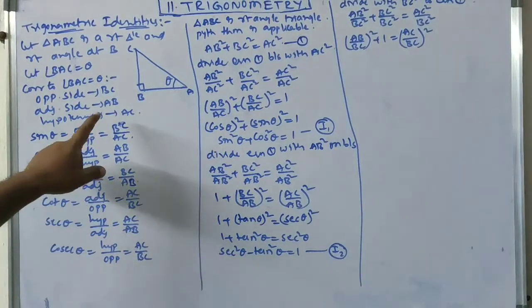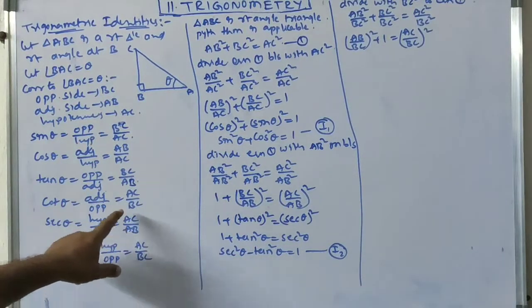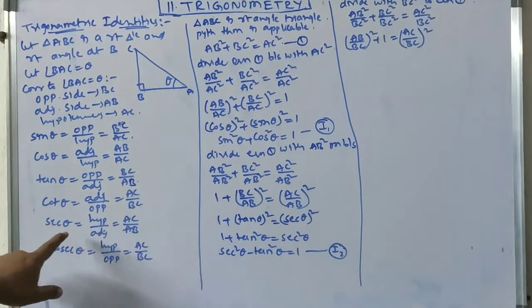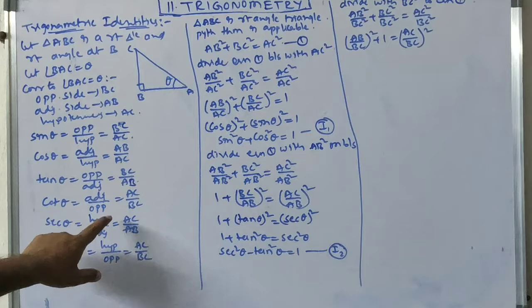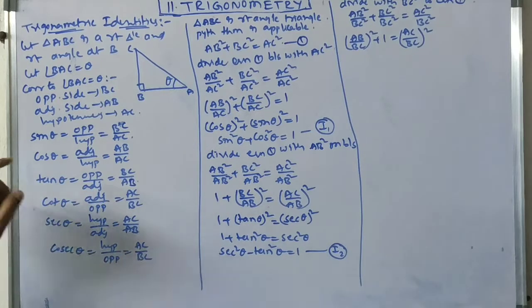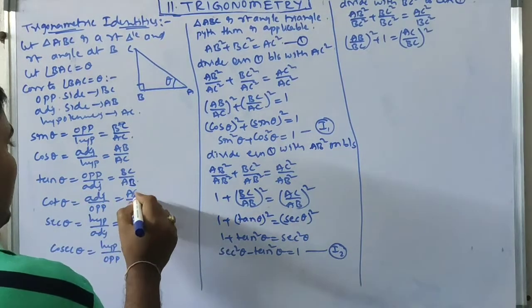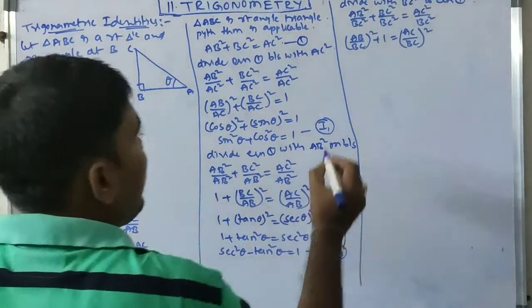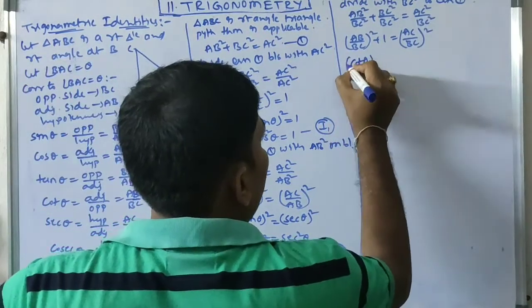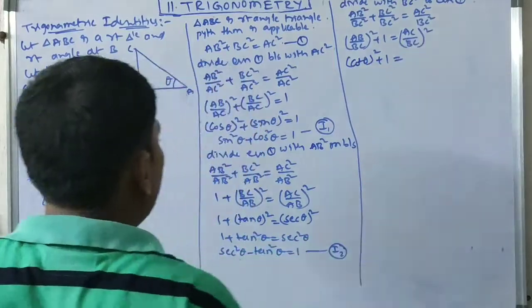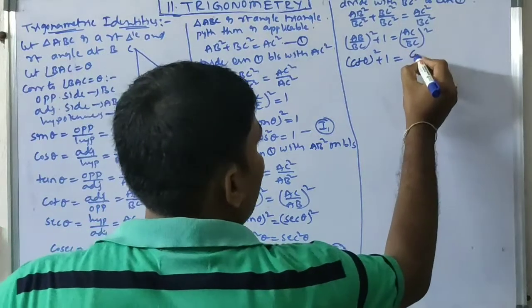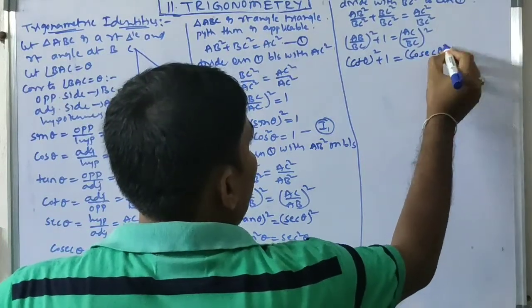AB by BC equal to cot theta. Cot theta whole square plus 1 equal to AC by BC, AC by BC is cosec theta whole square.